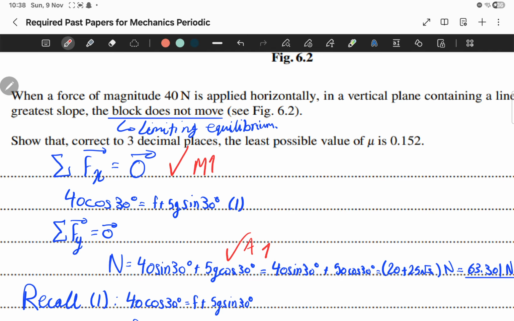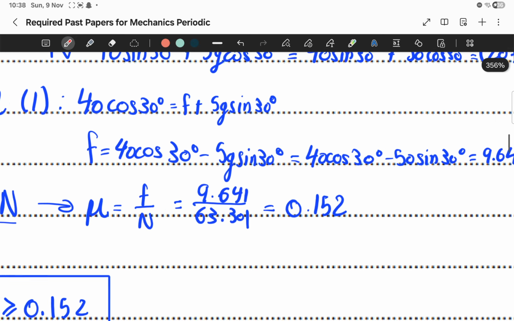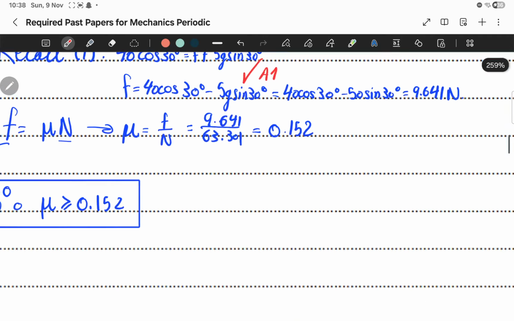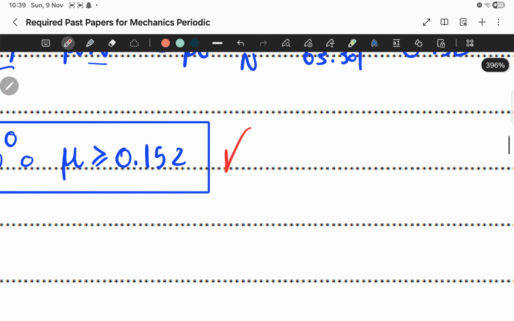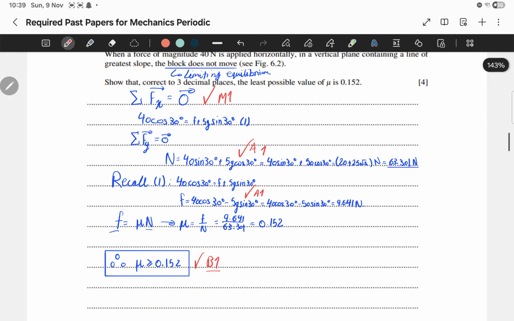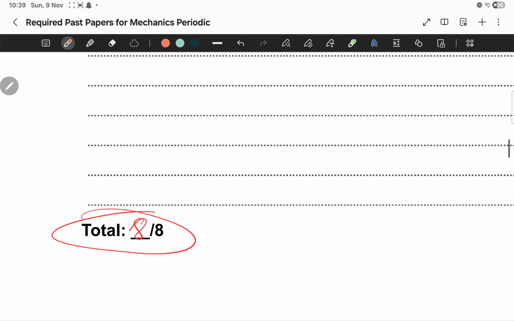Now, please read the marking scheme notes to understand what these mean. M is method, A is answer. So, friction, in their case they call it capital F, is 40 cosine 30 minus 5g sine 30, which is correct. You get A1. And then B1 is just for saying mu is greater than or equal to this. Okay, so how much do you get? 1, 2, 3, 4. 4. Done. Okay, so the total mark in this question is 8 out of 8.